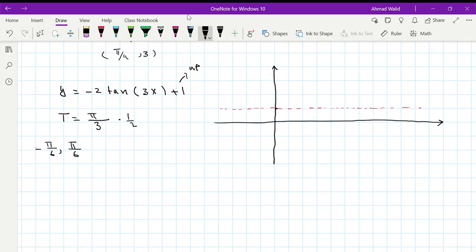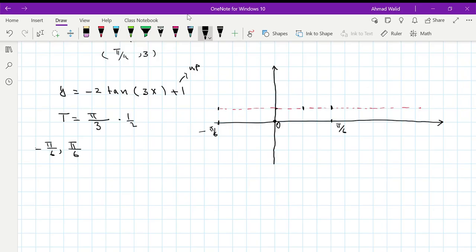Now, the period is pi over 6 and negative pi over 6. I'll mark here pi over 6, and you can even mark it on the x-axis if you wish. On this side of 0, negative pi over 6. Now, find the quarters. Because you are still dealing with 0, it's easy. If it's not around 0, of course, you average these two numbers: you add them and divide by 2.